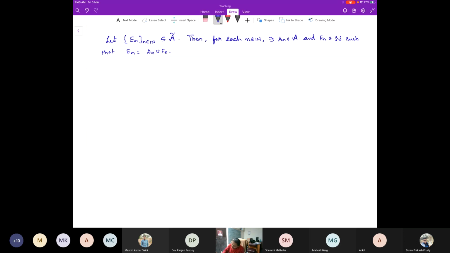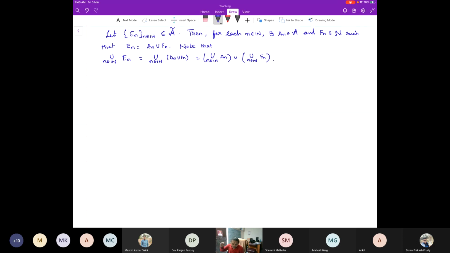Now note that the union over n in N of En is equal to the union over n in N of An union Fn, which can be written as the union over n in N of An union with the union over n in N of Fn. So this much we have.